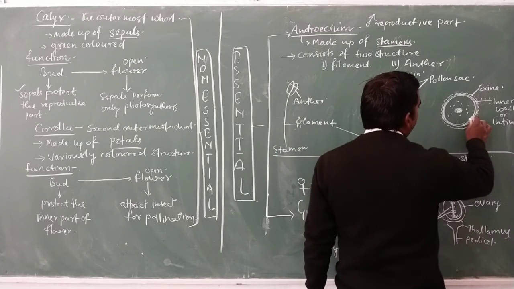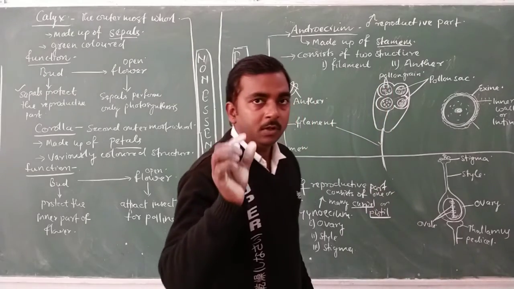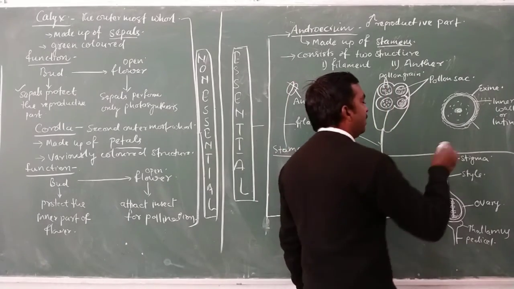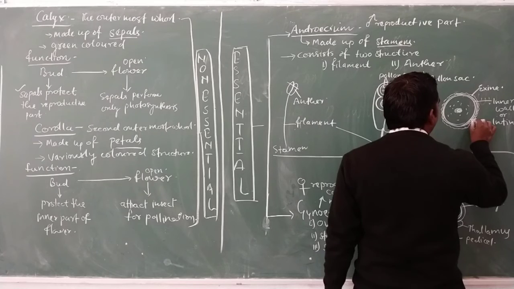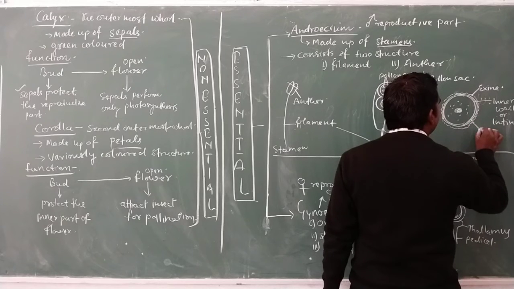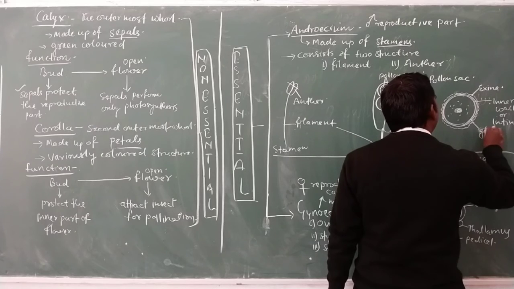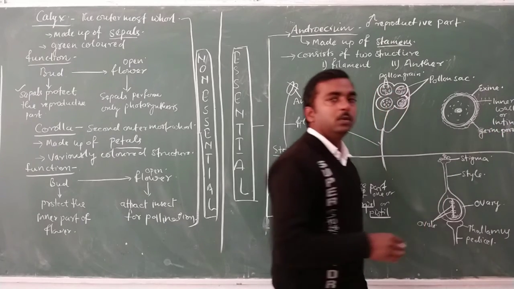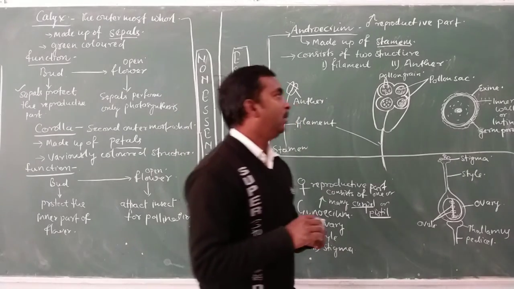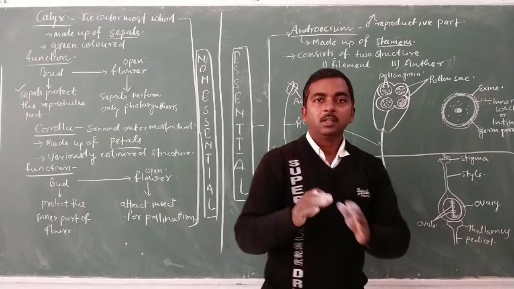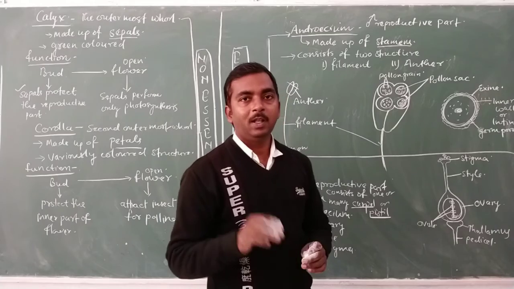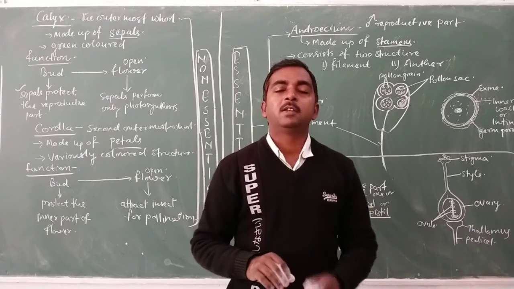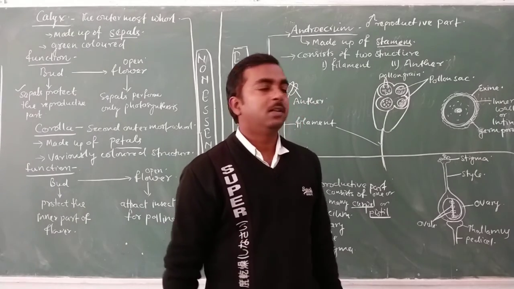There is a minute space in the exine, and this minute space is known as the germ pore. Through the germ pore, the intine comes out and makes the pollen tube, and this process is known as germination of the pollen grain.